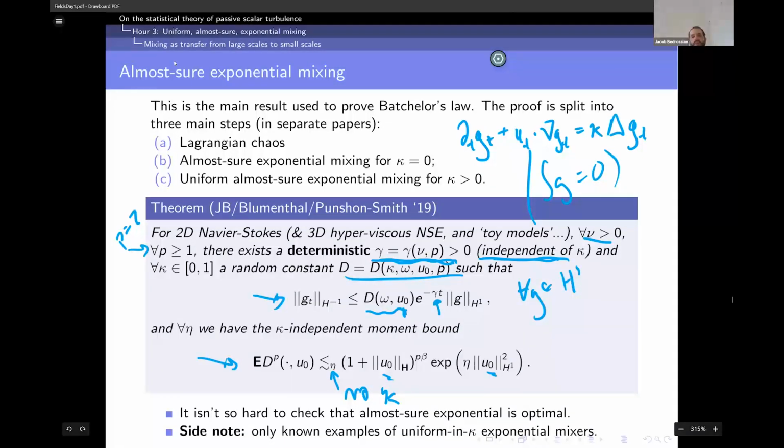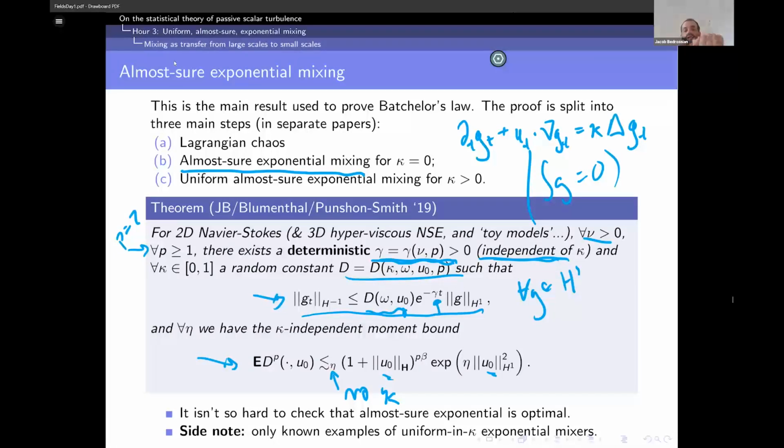Okay, so this is what we mean by uniform mixing. So it's uniform in kappa exponential mixing, and it's almost sure exponential mixing. So for every initial condition u in our phase space, and almost every omega, D is finite. And you have this for all g.